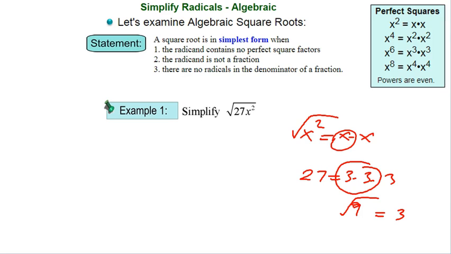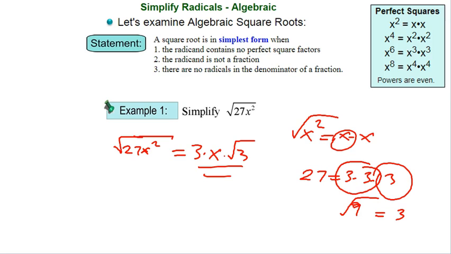The number left over is just 3. So the square root of 27x squared is actually equal to 3 times x times the square root of 3.